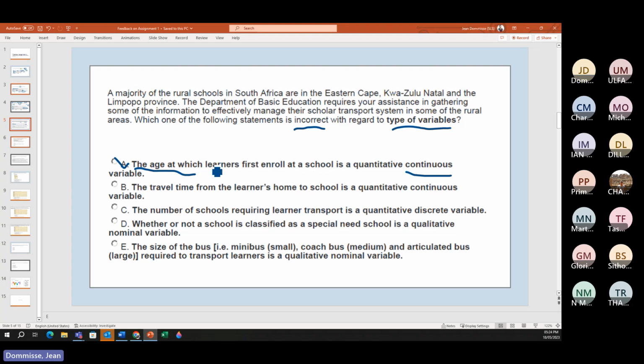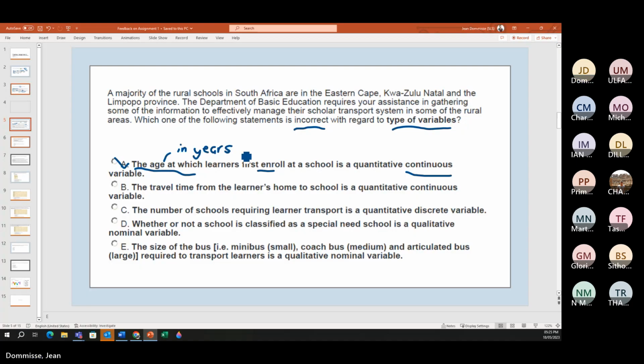So when I enrolled my kid and when you enroll your child, they will probably not be the same age. If it was the age in years, then it's different. Then we're dealing with discrete.